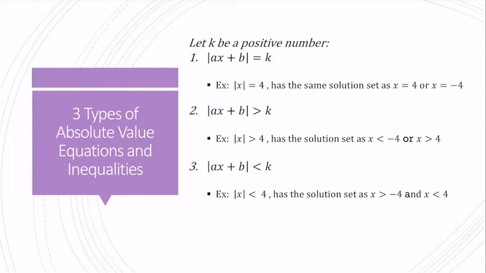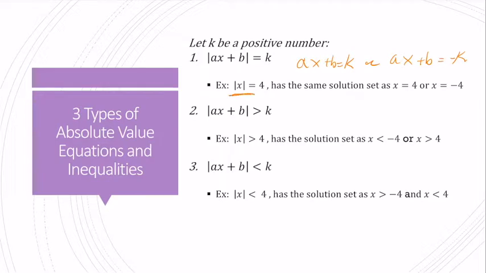There are 3 types of absolute value equations and inequalities. The first one is if I have the absolute value of ax plus b equal to k. That means it's the same solution set as ax plus b equals k, or ax plus b equals negative k.